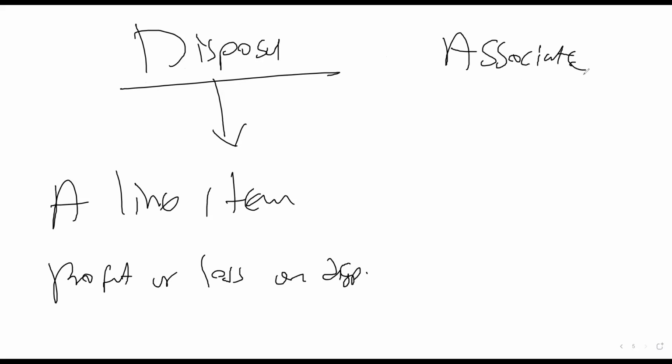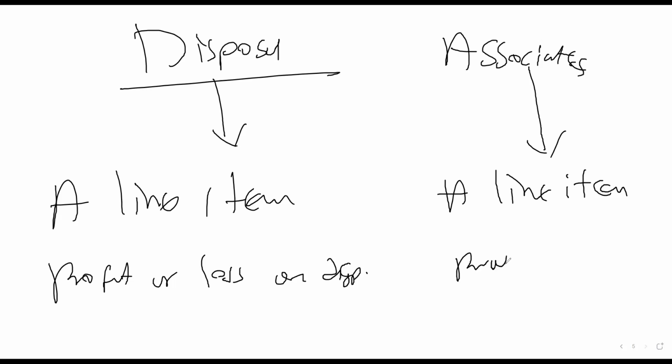Again, associates also require a line item to record the share of profit from associates.